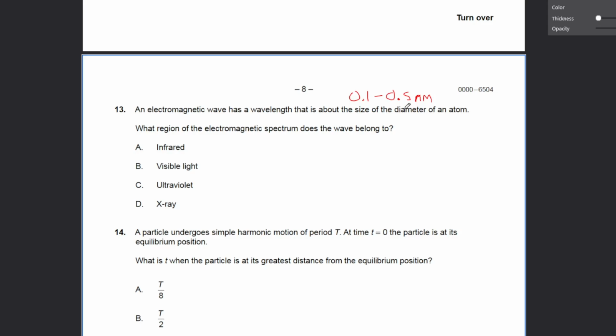Alright, so you just have to know what ranges these are. I'll tell you that the answer is D, because X-rays are 0.01 to 10 nanometers. You'll have to fact check me on that, but I believe that is correct. The answer is D.